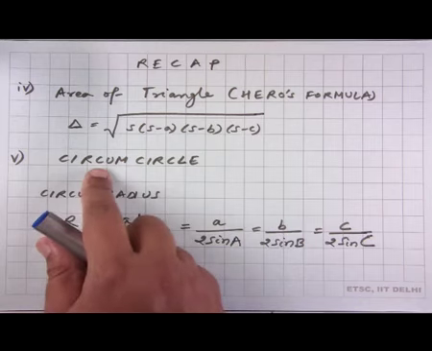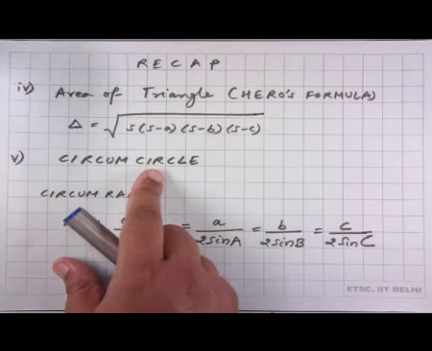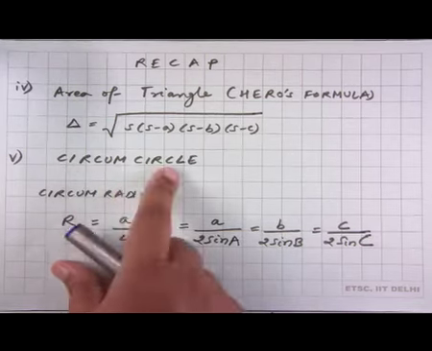We started a new discussion on the circles that are associated with a triangle, and the first type of circle that we discussed was the circumcircle.